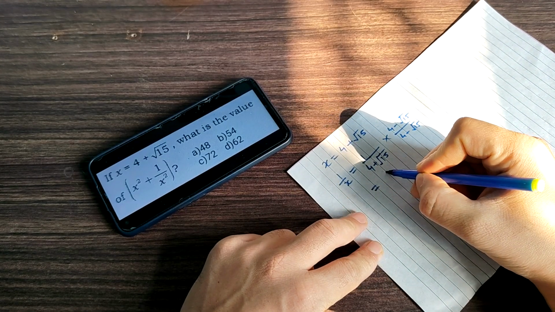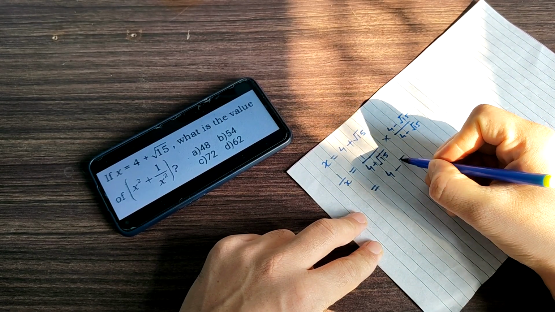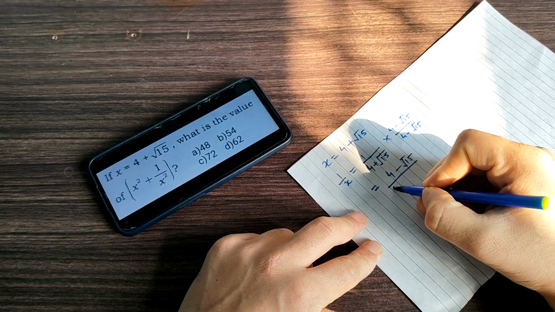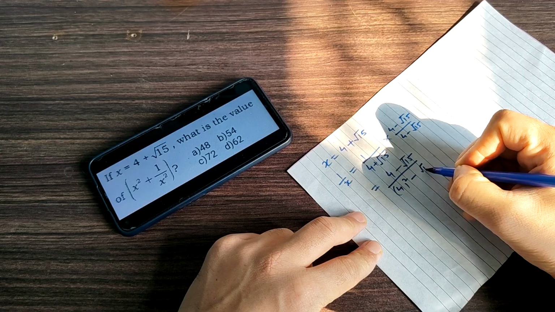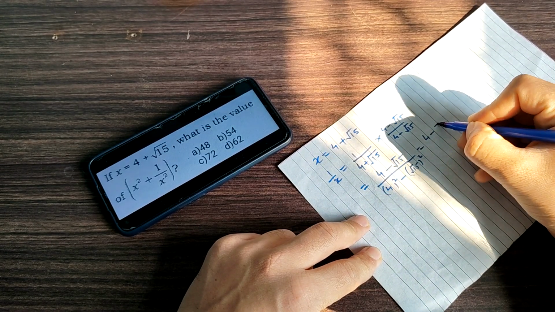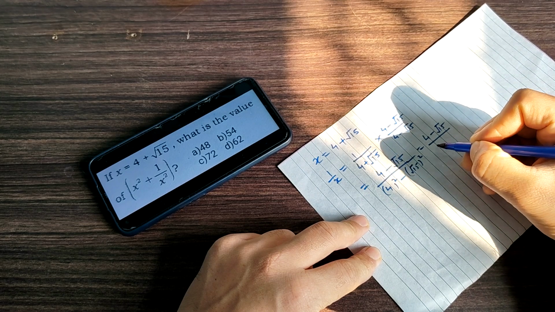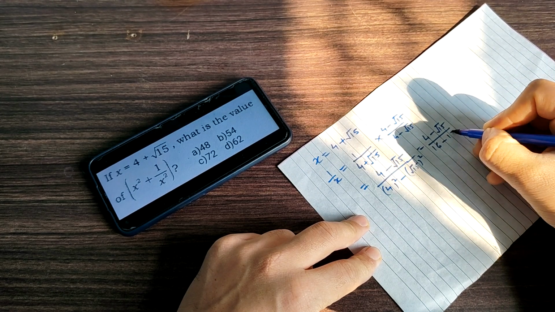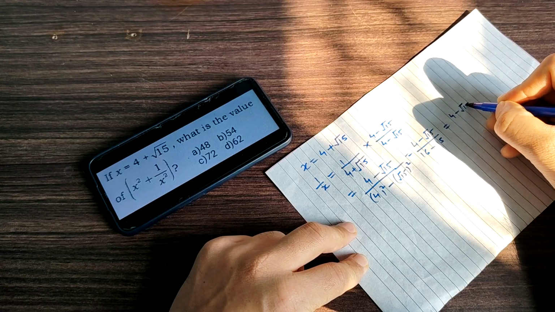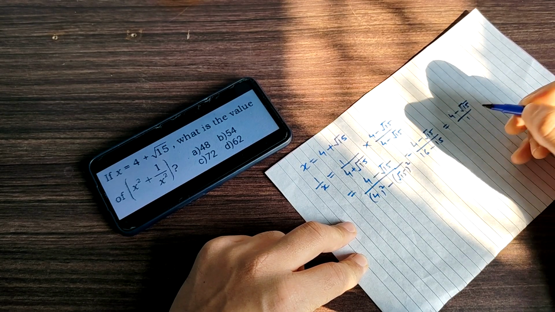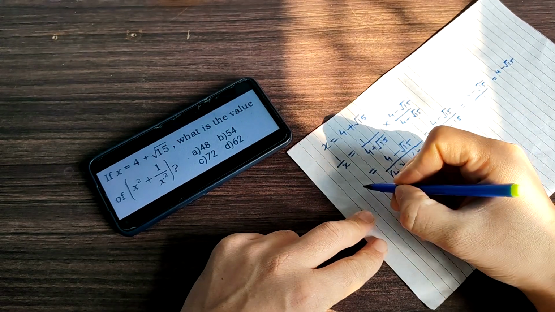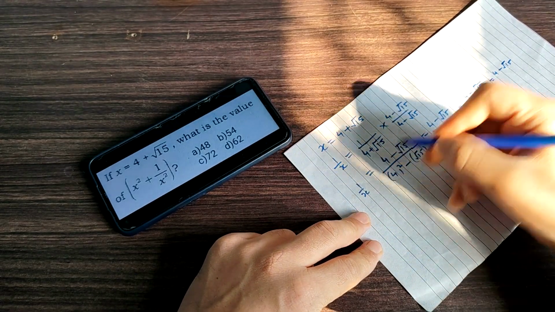So it's going to be 4 square minus root of 15 square, so 4 minus root of 15 upon 16 minus 15, which is 4 minus root of 15 upon 1. So the value of 1 by x is 4 minus root of 15.